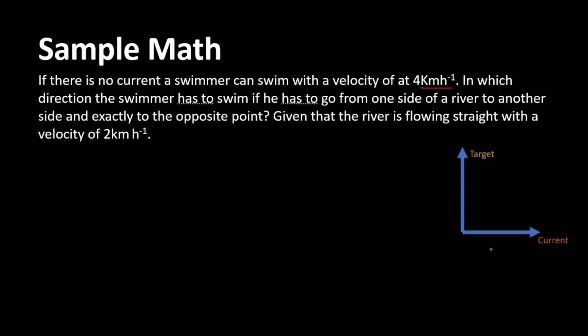Here given the current U equals to 2 km per hour. If the bank of opposite side is like this and the target is to reach the opposite point straight, then the direction of resultant is 90 degree.